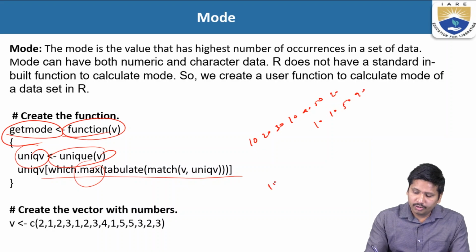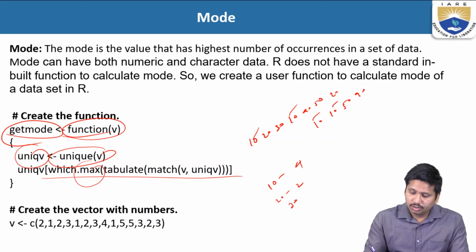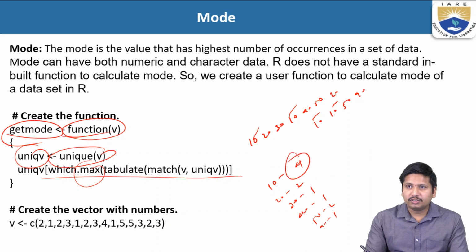How many times does 10 occur? 1, 2, 3, 4 times. 20 occurs 2, 30 once, 40 once, 50 twice and 90 once. So the most number of occurrences of the data should be treated as the mode here.